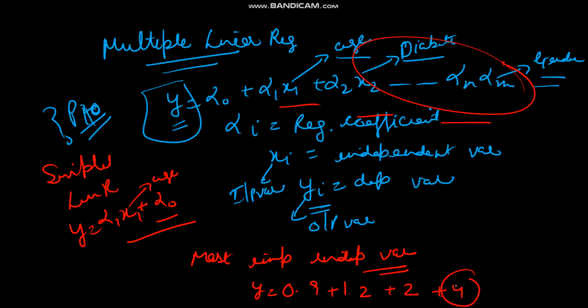This is the highest value, so we say x4 is the most important variable. This is how we work in linear regression. In the next video we will discuss logistic regression.